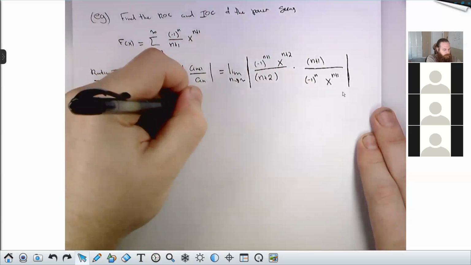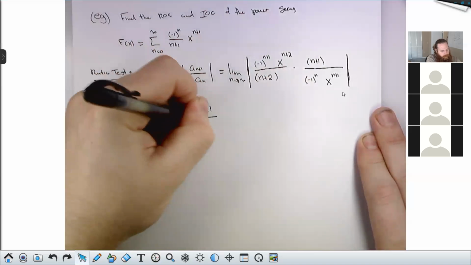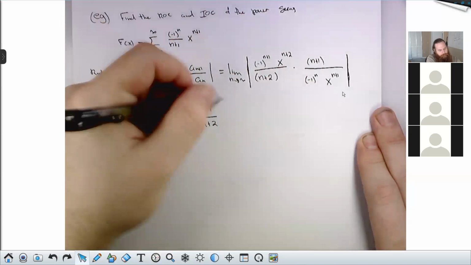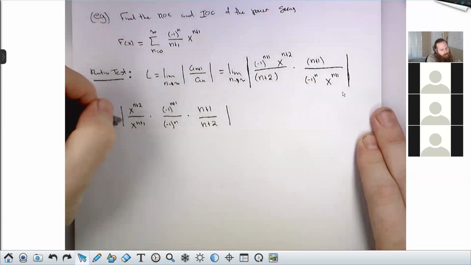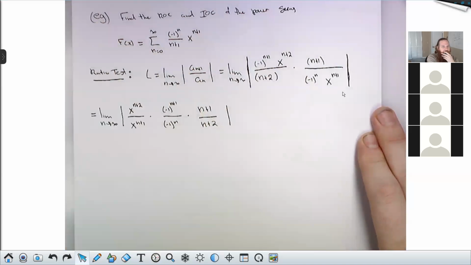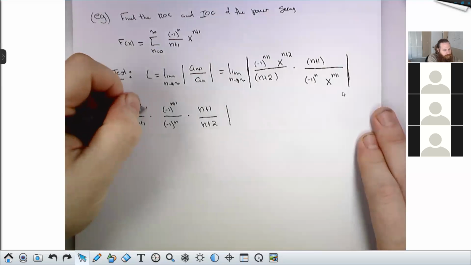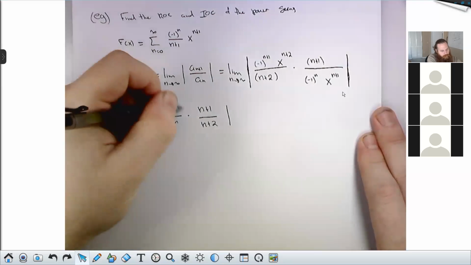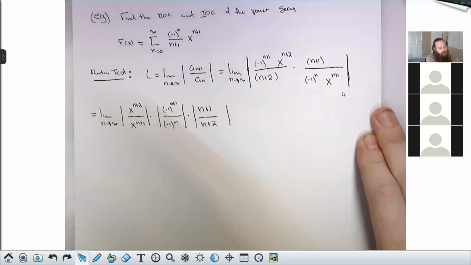And I have n plus 1 over n plus 2. So these are all my pieces. I can give each one their own absolute value because absolute values are multiplicative.